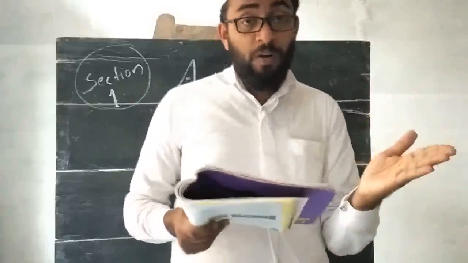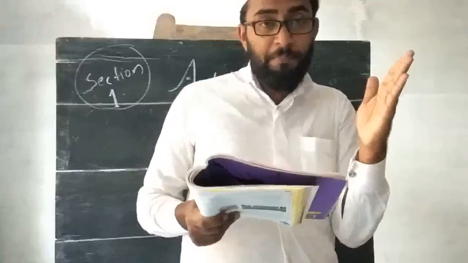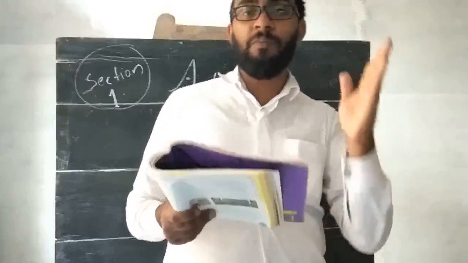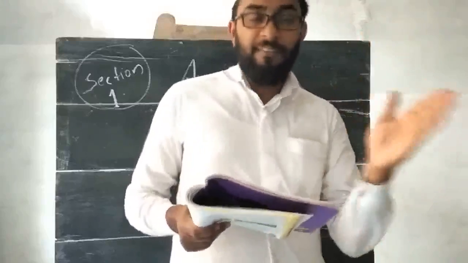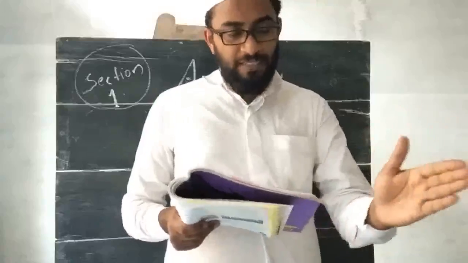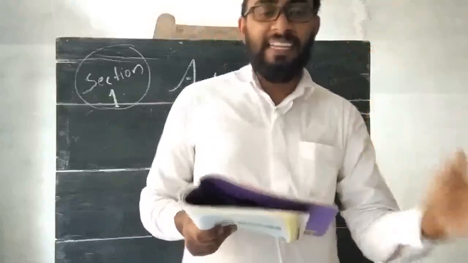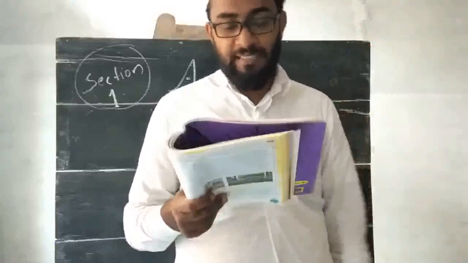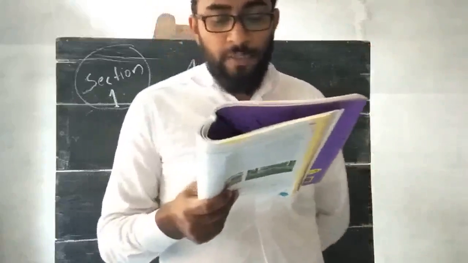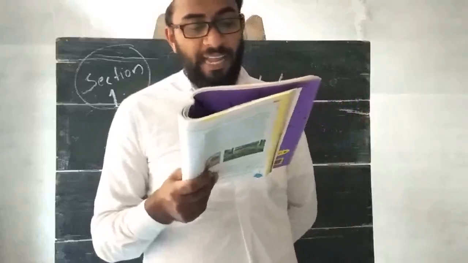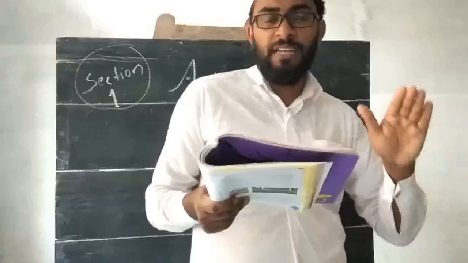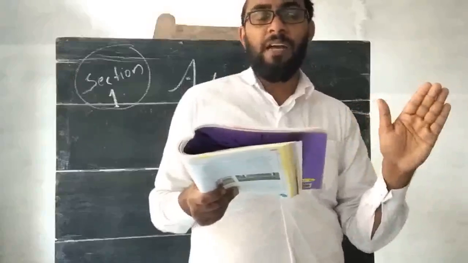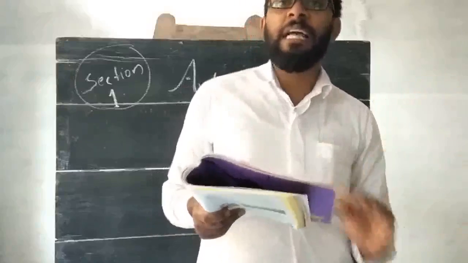Taking copies was a very high, very risky task. We had to use something called a stencil duplicator or a cyclostyling machine. This is a cyclostyling machine, one type of machine which is used to take copies.